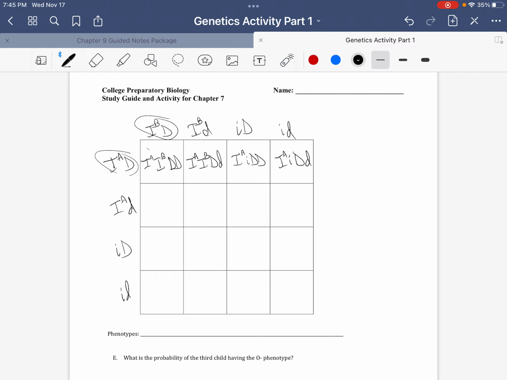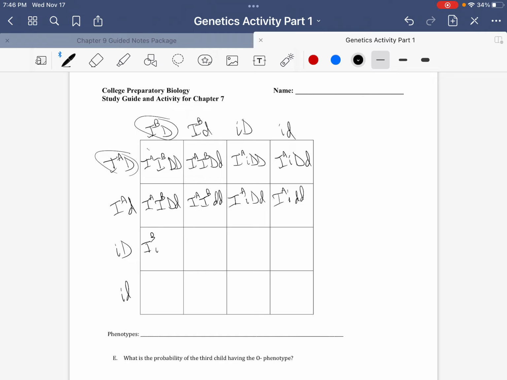Okay, so just finish up our Punnett square here. Big I with the A, big I with the B, big D, little d; big I with the A, big I with the B, two little d's on this one. Big I with the A, little I, big D, little d; big I with the A, little I, little d, little d.